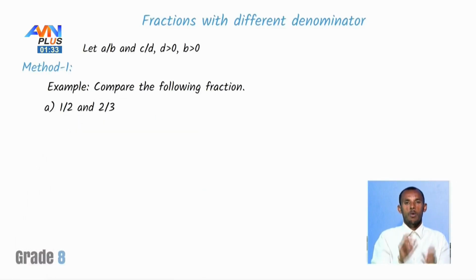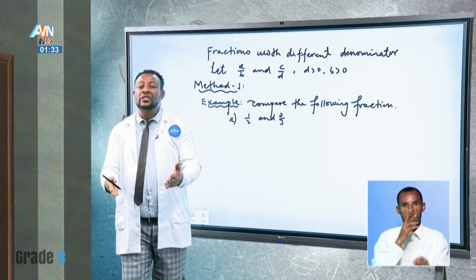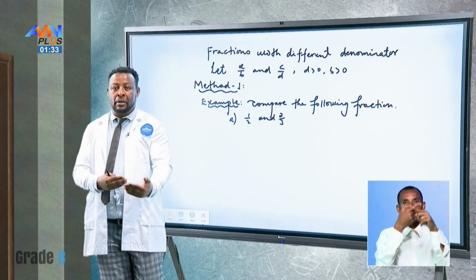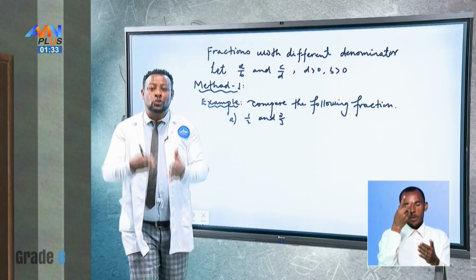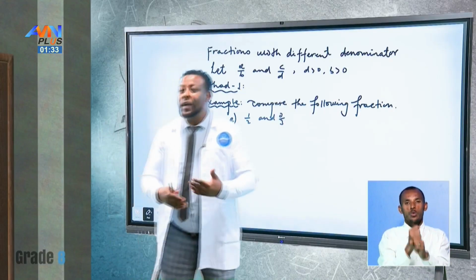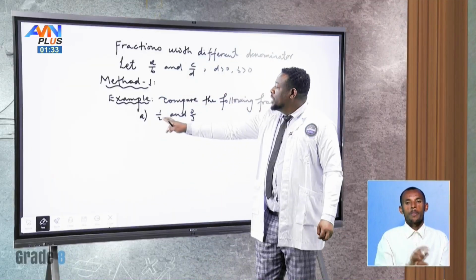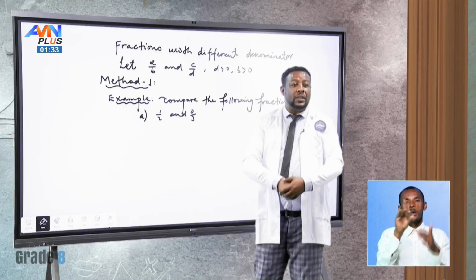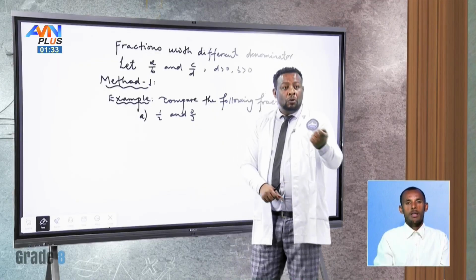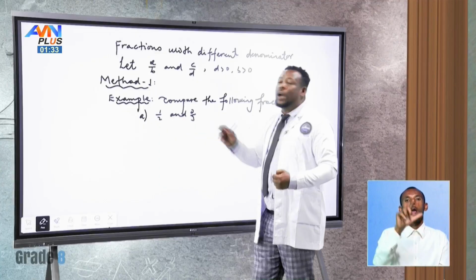As you can see here, these two numbers are fractions having different denominators. In this case, I will show you what you need to do to compare these two fractions. The denominator of the first fraction is 2, and the denominator of the second fraction is 3. So what you need to do here is take the LCM of 2 and 3.